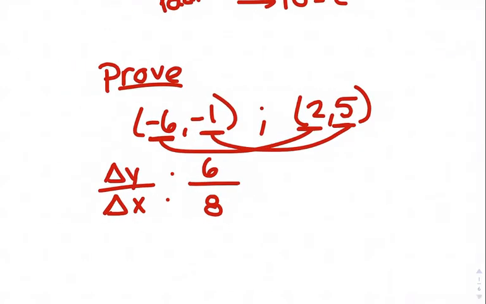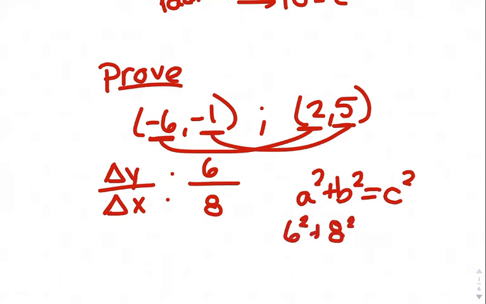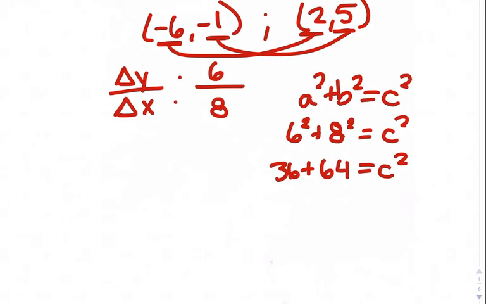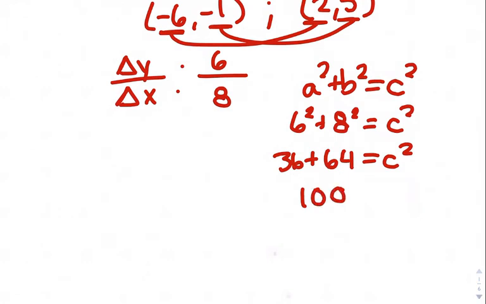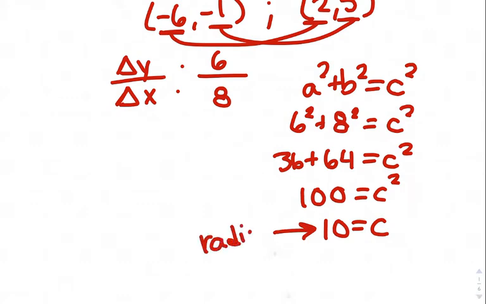So now I plug it into my formula, and that would be 6 squared plus 8 squared equals C squared. So I get 36 plus 64 equals C squared. Add those two numbers and I get 100 equals C squared, which means C equals 10, or 10 is your radius.